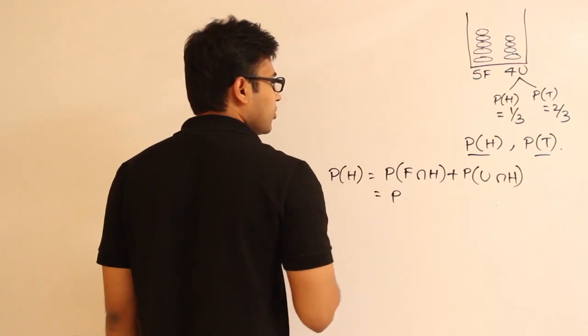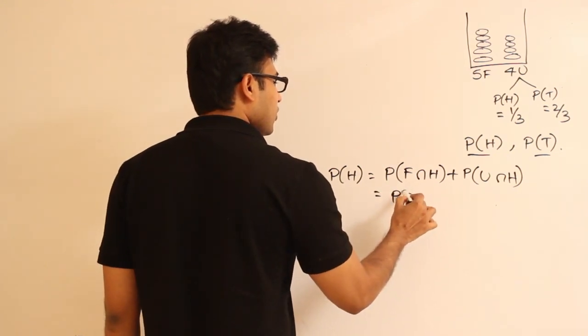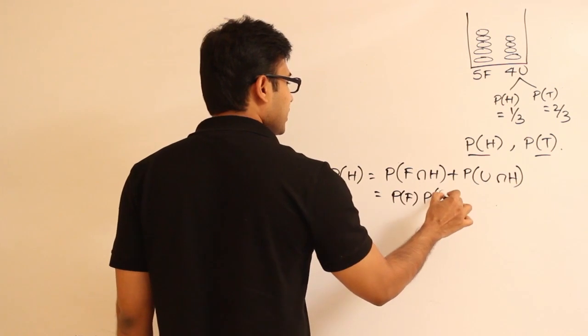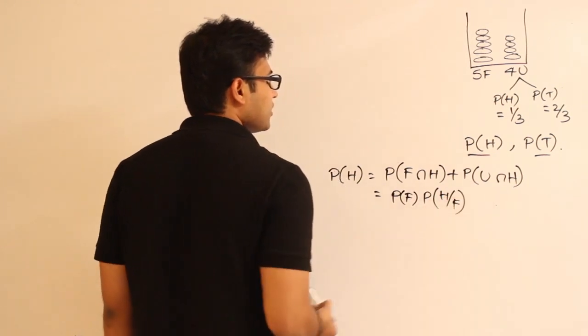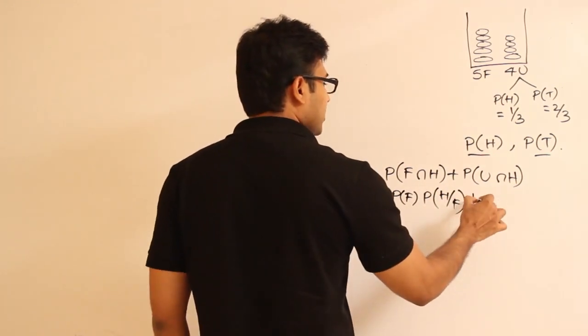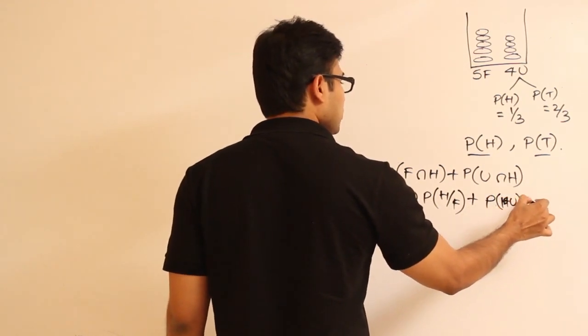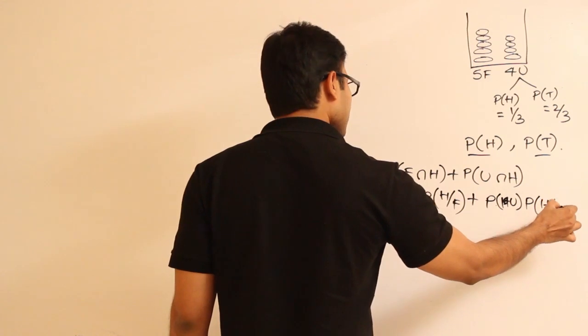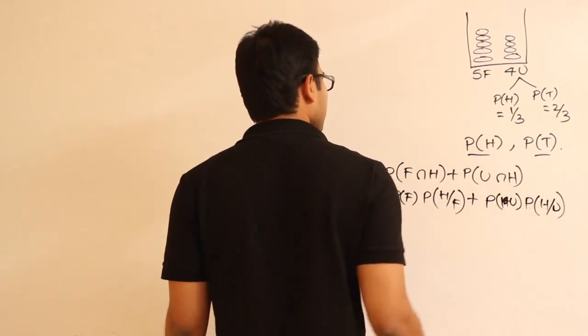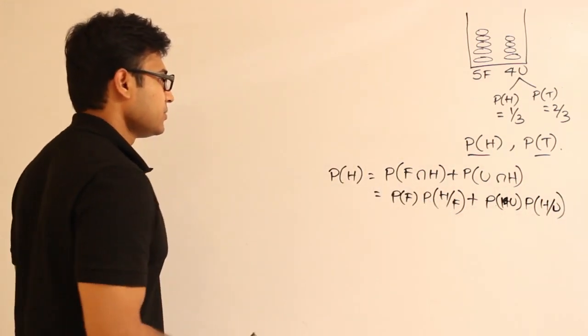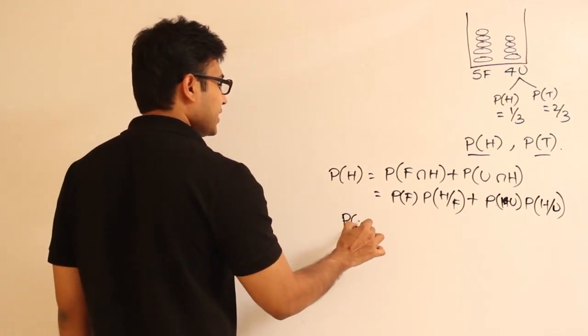This is nothing but the probability of getting the fair coin times the probability of getting a head, given that we have the fair coin, plus the probability of getting the unfair coin times the probability of getting a head, given that we have chosen the unfair coin, right? And similarly, what is the probability of getting a tail?